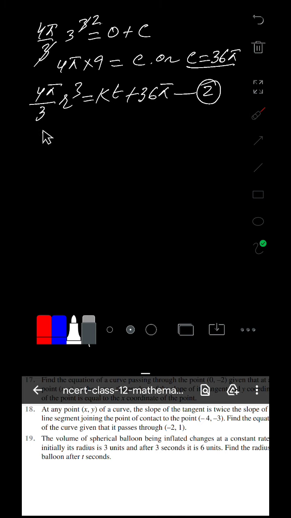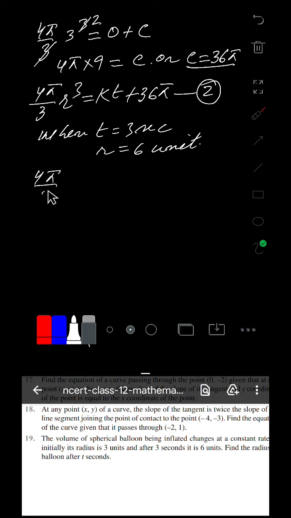That is, when t is equal to 3 seconds, r is equal to 6 units. So putting in this equation t is equal to 3 and r is equal to 6, we have 4 pi upon 3 into 6 cube is equal to k into 3, 3k plus 36 pi.